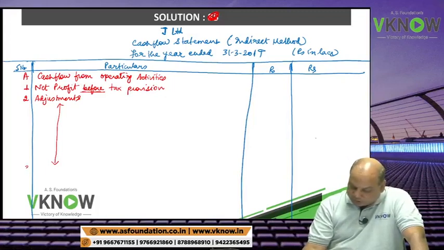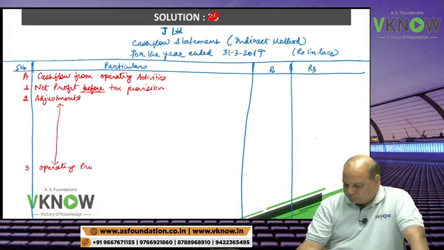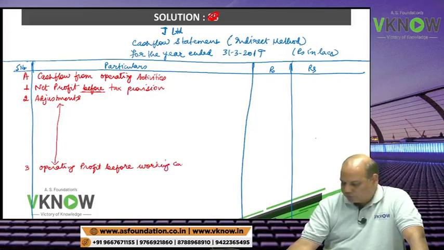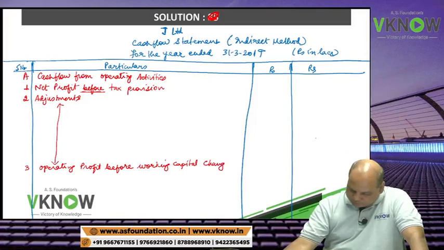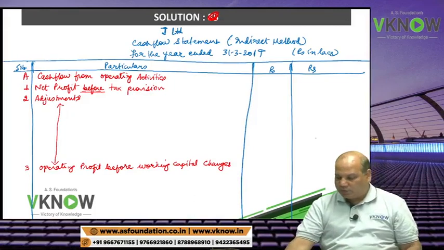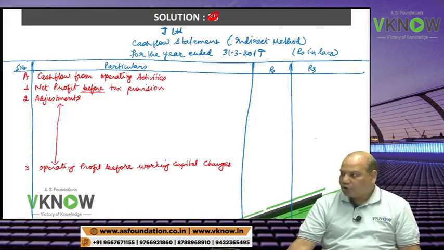Then point number 3, write down operating profit before working capital changes.